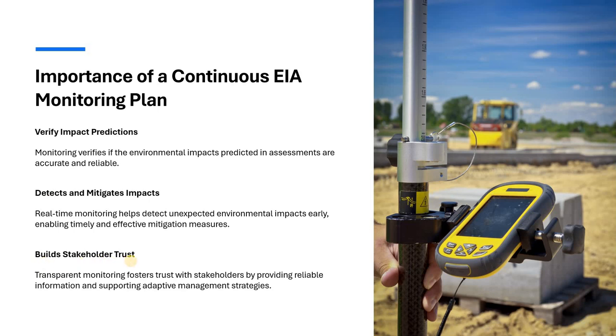A lot of communities fear that once a big development project is done, everybody leaves and they're left with whatever consequences may come. By implementing and communicating a transparent environmental monitoring plan, you're letting residents know that they can trust your organization and that you have their back when it comes to unintended consequences.